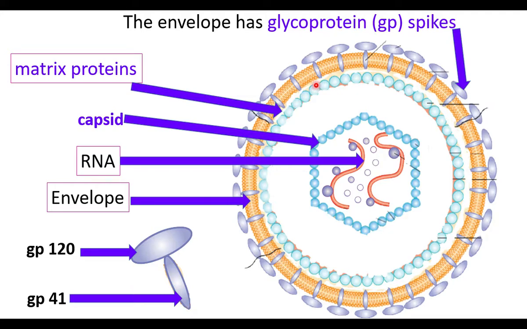So the envelope is the outer part. The central core is covered by the capsid. The central core has the genetic material, single-stranded RNA. This is the structure of the HIV virus. In the next video, we will learn about the HIV infection symptoms, diagnosis, and control measures.